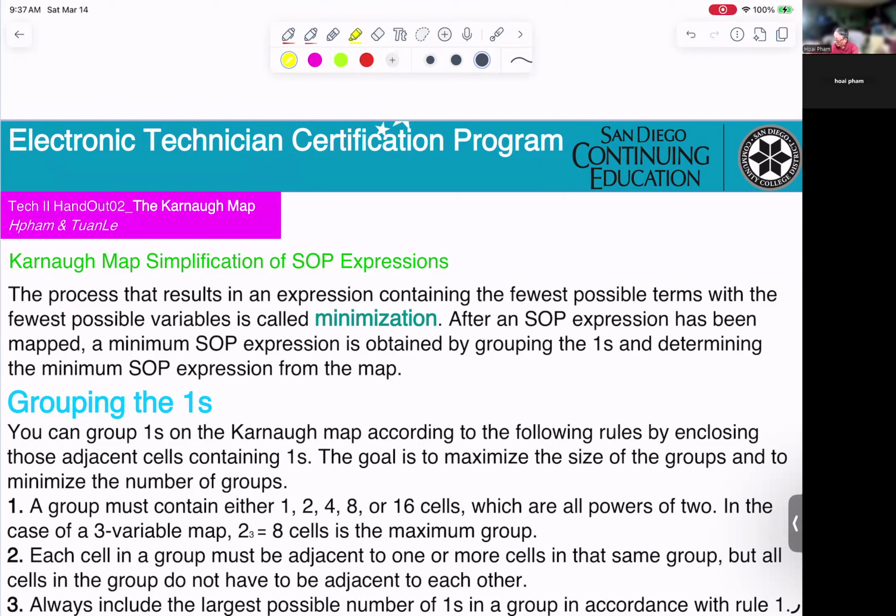The ones already in a group can be included in another group as long as the overlapping groups include no common ones.